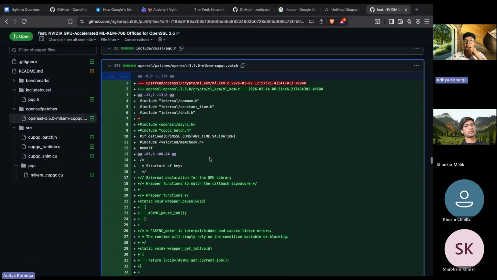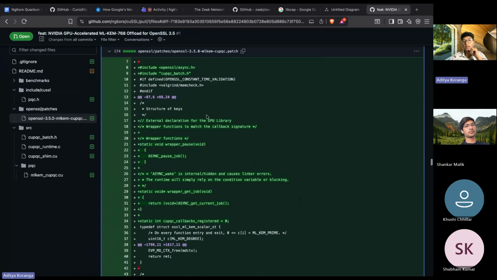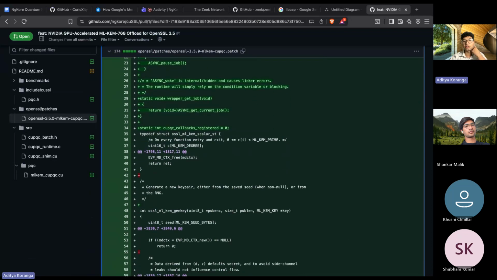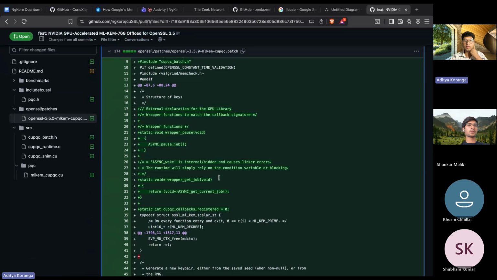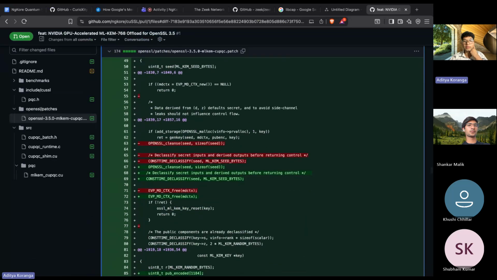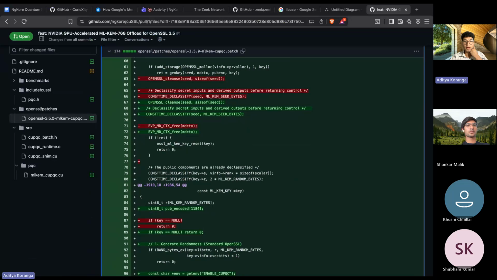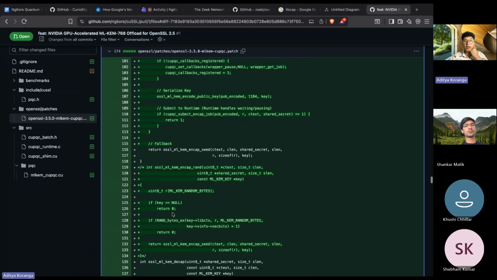What we do instead is go to the OpenSSL crypto ML-KEM library, and wherever the encapsulation and decapsulation API is, we simply replace it with our cuPQC API for encaps, decaps, and keygen.